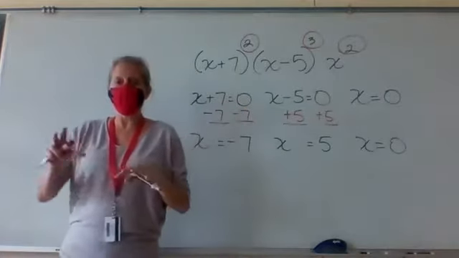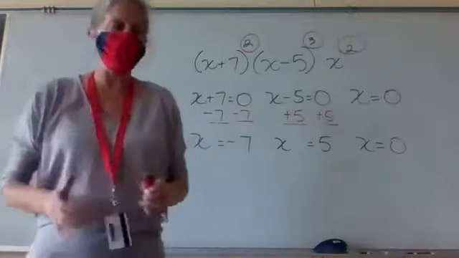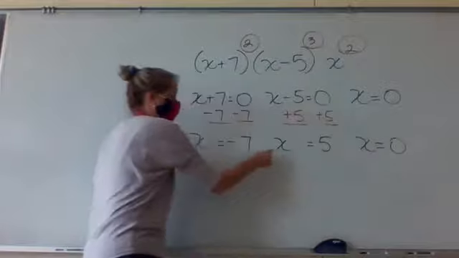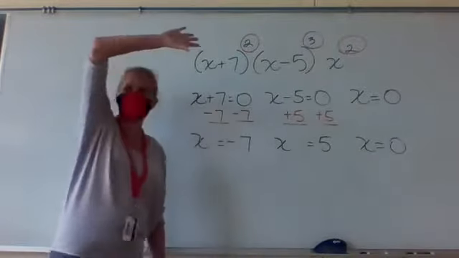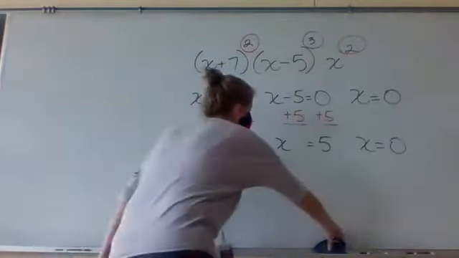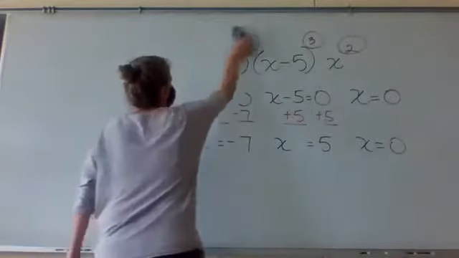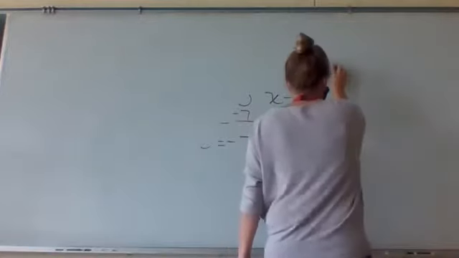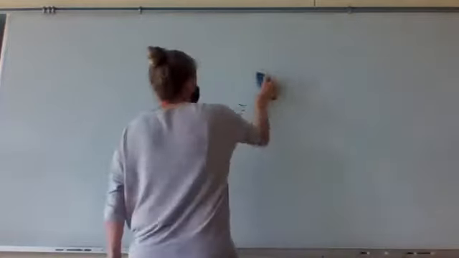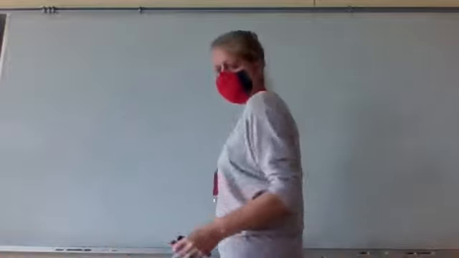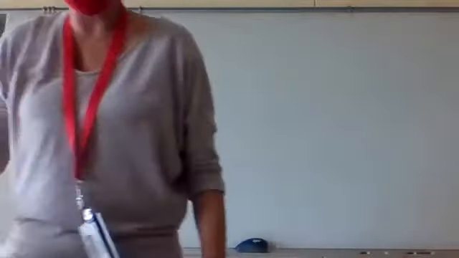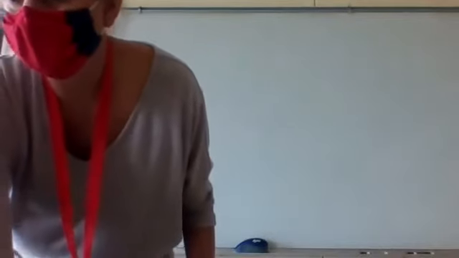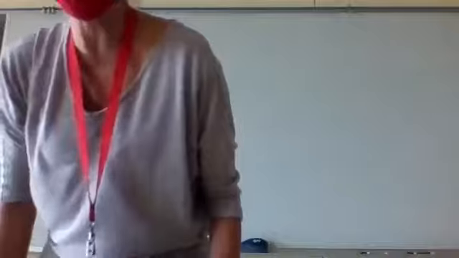So we're going to need that knowledge to work these problems in section 8.4, because we're going to be given this information and asked to work backwards. So let's look at number 1. On number 1, it tells me find a polynomial function of degree 3 with real coefficients that has the given zeros.